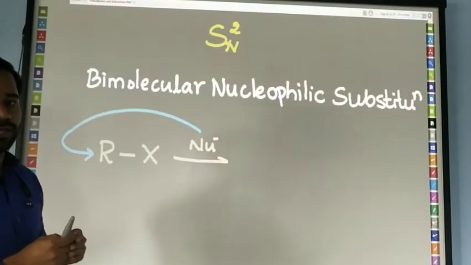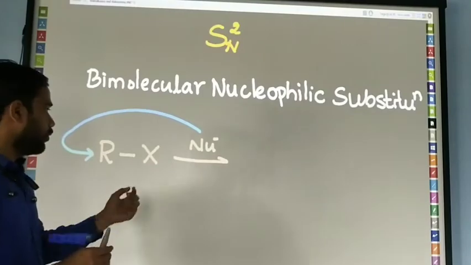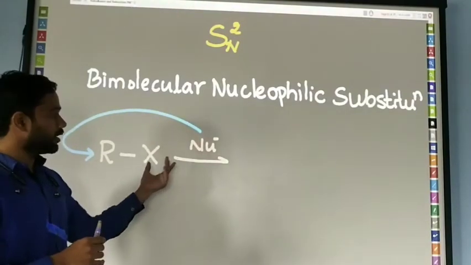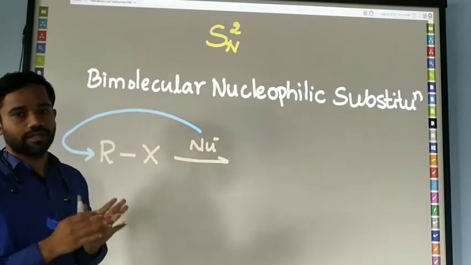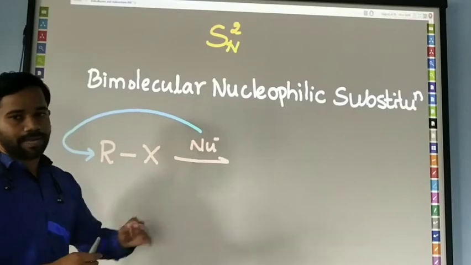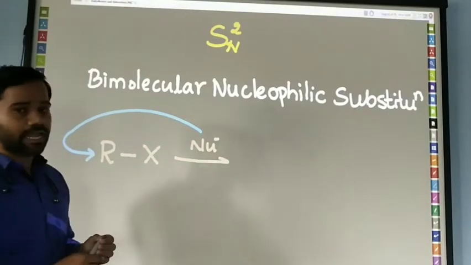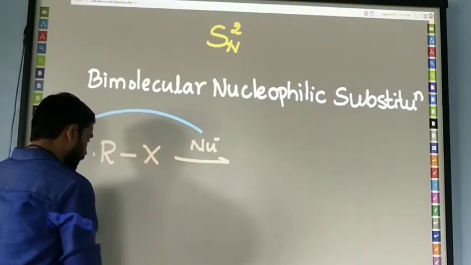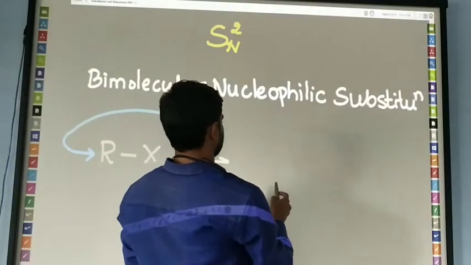The attack will be feasible there. Why so? Because the halide group is very bulky compared to the nucleophile. That's why it always prefers to attack from the backside. After the attack of the nucleophile, a transition state will be formed.